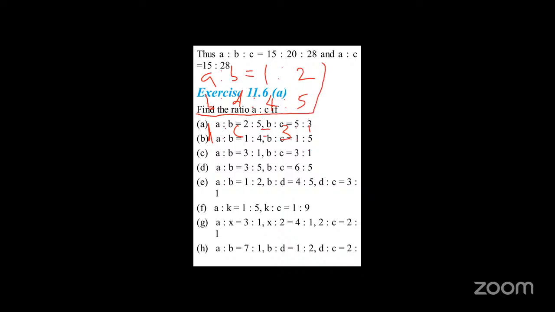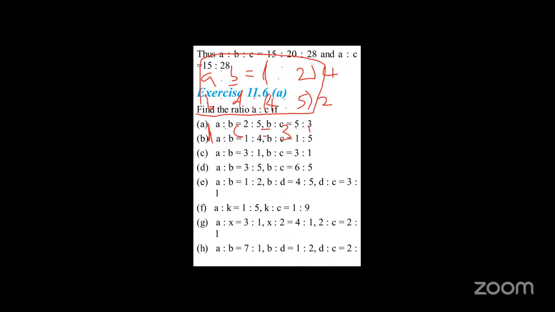So we start with the first two. Here we need to look at the common part, which is B and B. We need to make them the same. So we are going to multiply the upper one by 4, and on the lower part here, we multiply by 2.